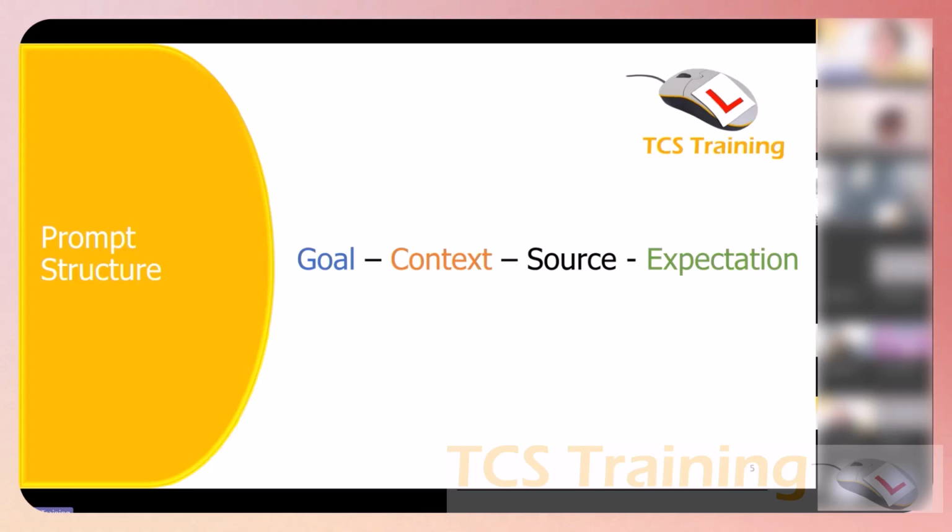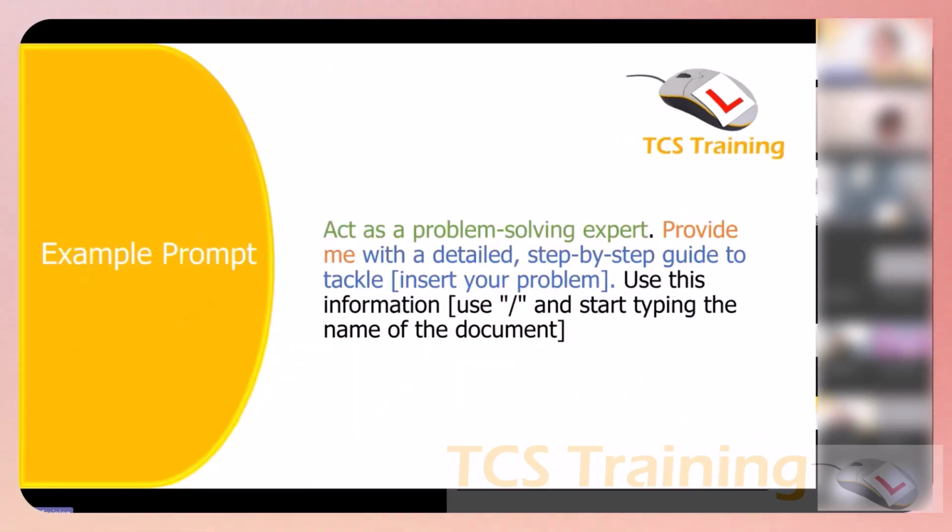So an example of a very detailed question would be: you might say to Copilot, act as a problem-solving expert. So sort of laying the foundation of how you want it to behave. Provide me with a detailed step-by-step guide to tackle, and inside those square brackets, you tell it what your problem is.